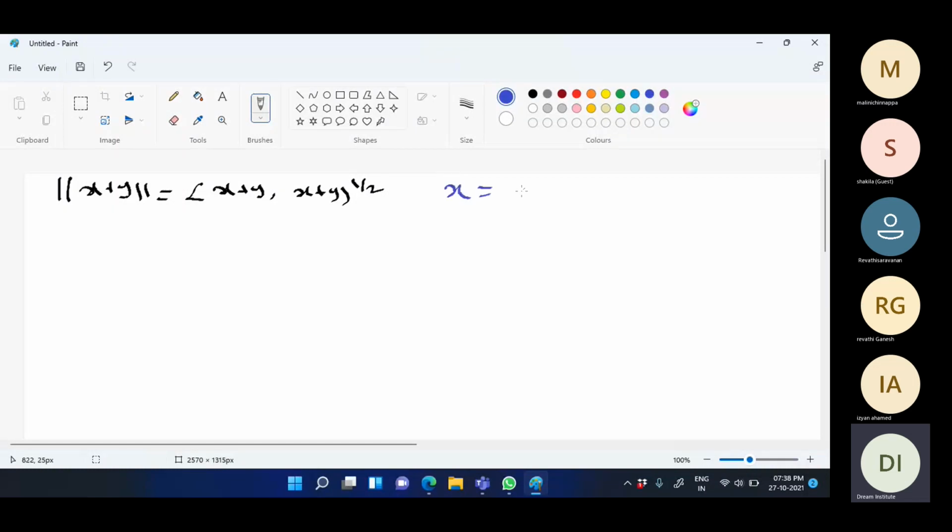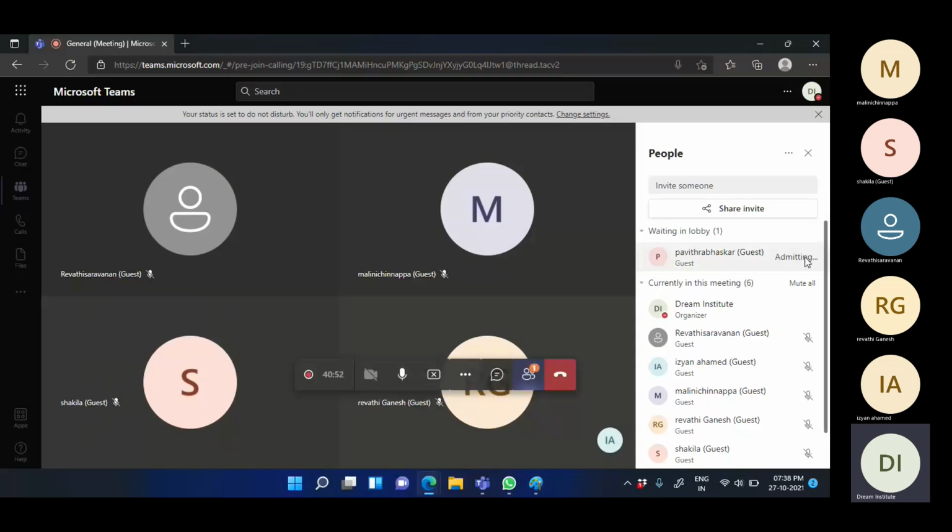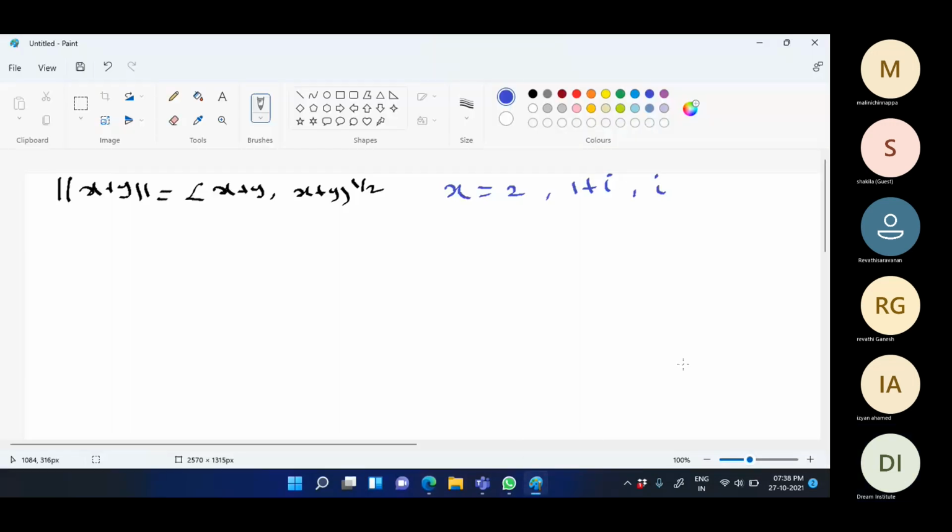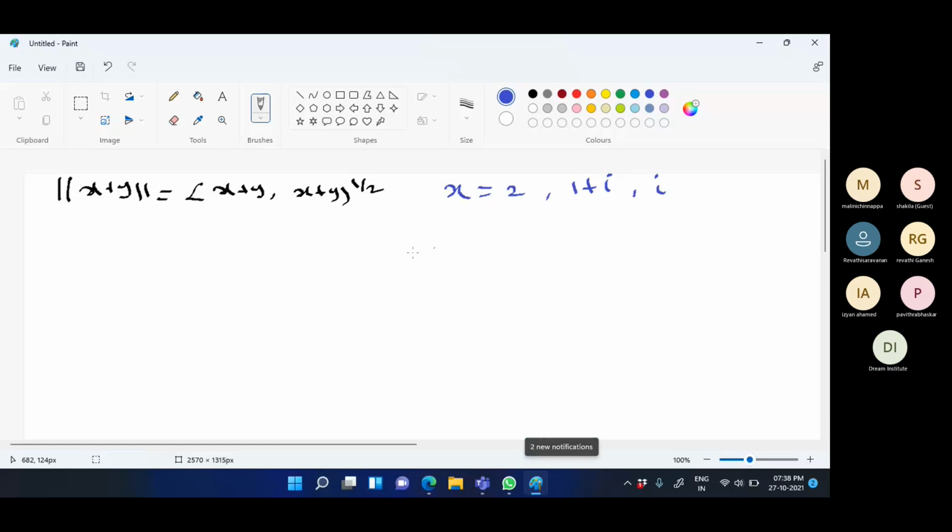Here x is equal to what? 2 comma 1 plus I comma I, and the y values are 2 minus I comma 2 comma 1 plus 2I.